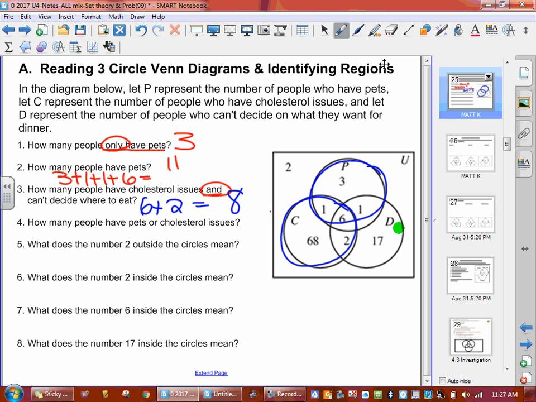How many have pets or cholesterol? The or is all of both circles. It didn't say they can't have the D circle in it. If it did, I wouldn't include the 6, 1, and 2. But it just said the pet and the cholesterol. So we're going to add the whole pet circle, which we know adds to 11, and then we're going to add 70 to it. So we should get 81 for that.